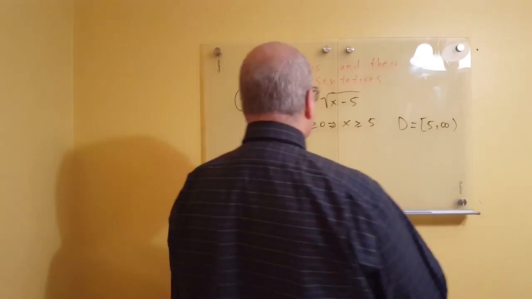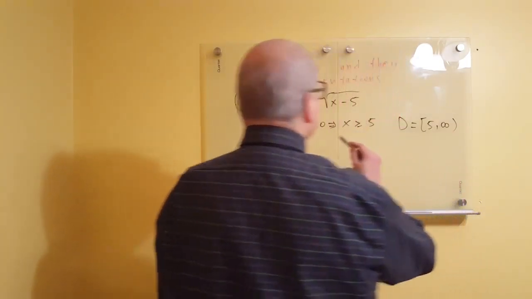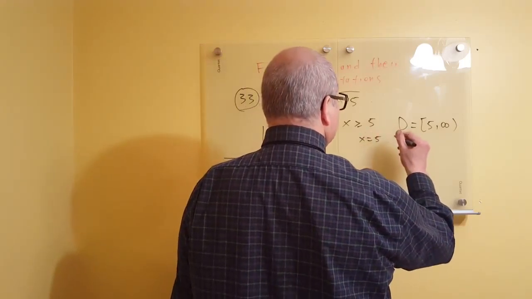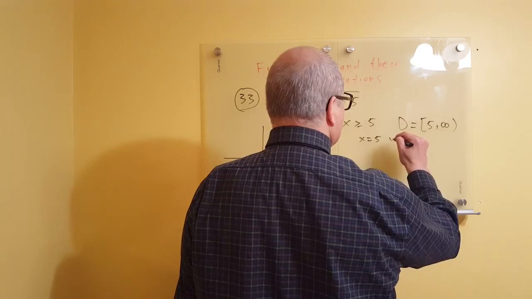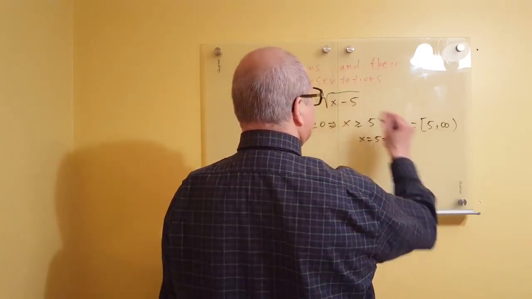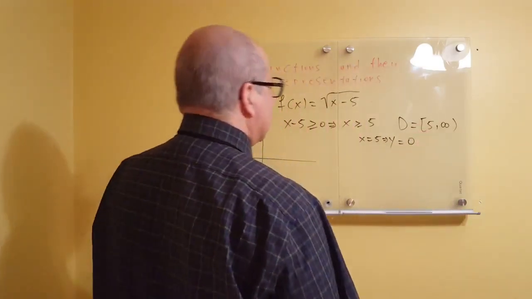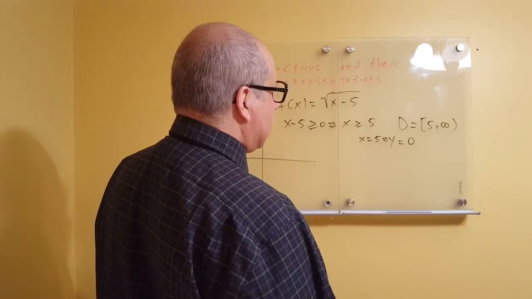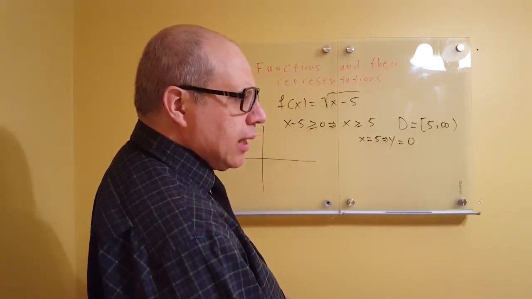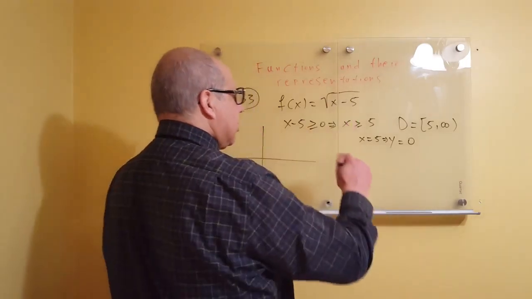First of all, you have to take values greater or equal to 5. So if you take x equal to 5, you have that y is equal to, if you put 5 here, 5 minus 5 is 0, the square root of 0 is 0. Let's take some numbers so we don't have to deal with decimals.